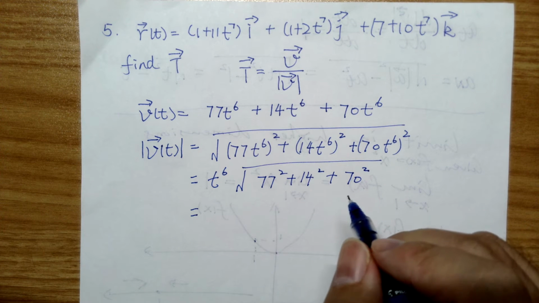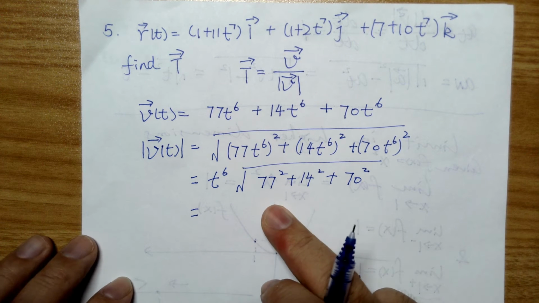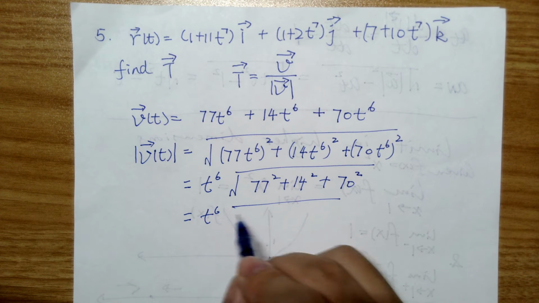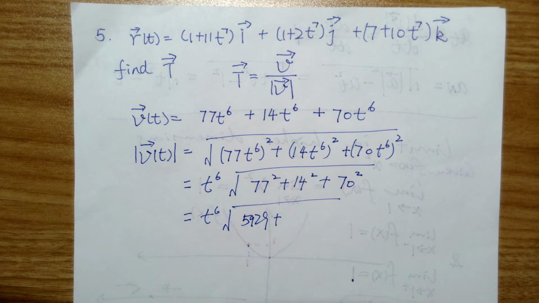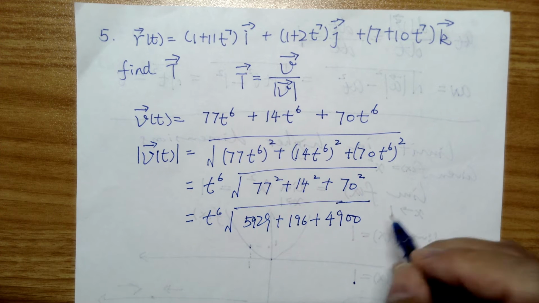It turns out this number, 77 squared plus 14 squared plus 70 squared, becomes 5929 plus 14 times 14 which is 196, and plus 4900.